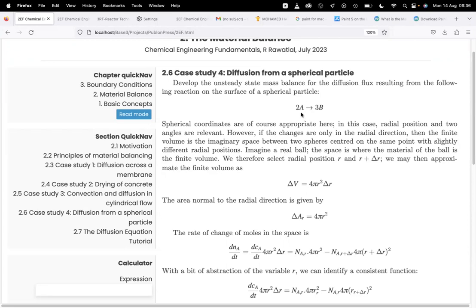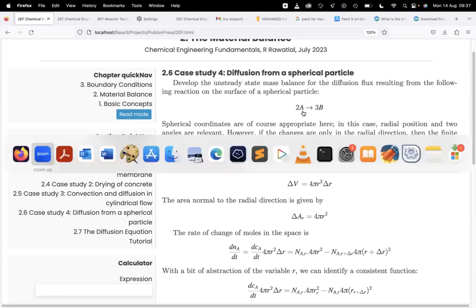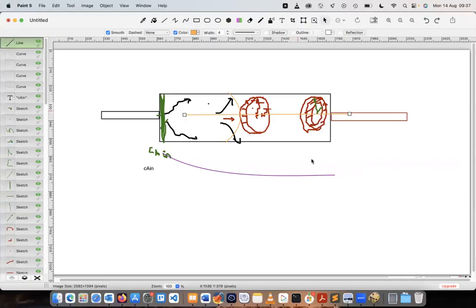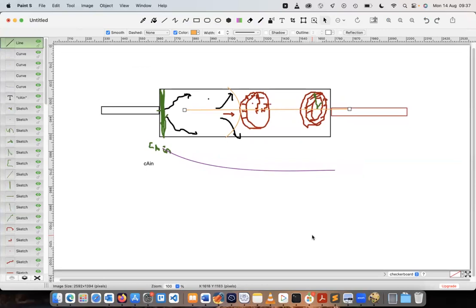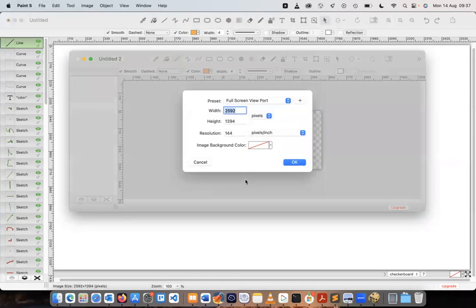So we can see clearly that the concentration of A in the fluid around the particle is going to change in the radial direction. Looking radially away from the particle, A is being consumed on the surface, so locally near the surface, the concentration of A is going to drop. If we draw that, let's do a new one.